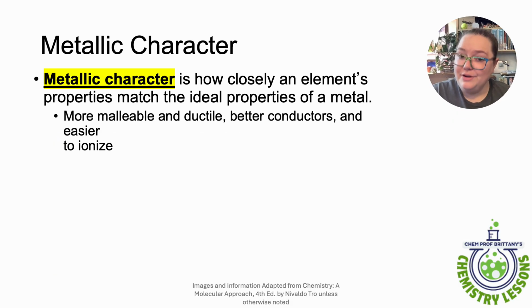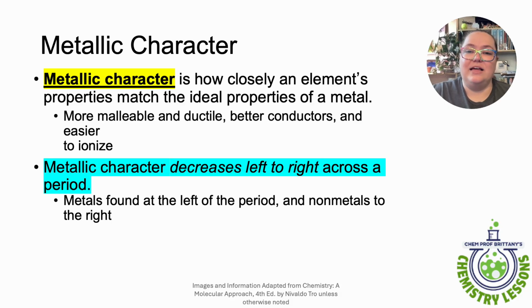So, metallic character as a property of an atom or an element is how closely an element's properties match the properties of an ideal metal. So, more malleable, ductile, better conductors, easier to ionize, all of that, right? And then metallic character will actually decrease from left to right across a period.